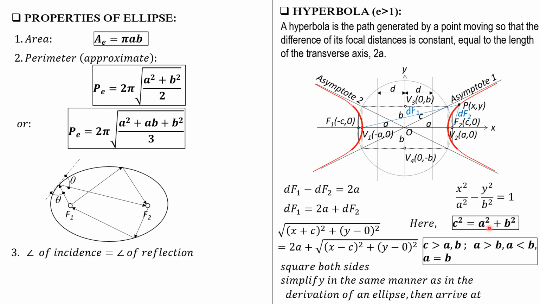So c squared equals 2a squared. That's why c over a is square root of 2, which is the eccentricity. And it is greater than 1, of course. So that's it. Reminder that for hyperbola, a can be equal to b, it can be less than b, it can be greater than b.